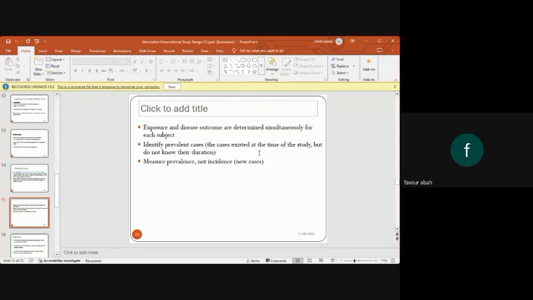So you identify prevalent cases. The cases existed at the time of the study, but you do not know their duration. The most you know from a cross-sectional study is the number of persons you met at that time that have maybe hypertension. You don't know how long they've had the hypertension, or how long they've been diabetic, but you're just taking it as a snapshot.